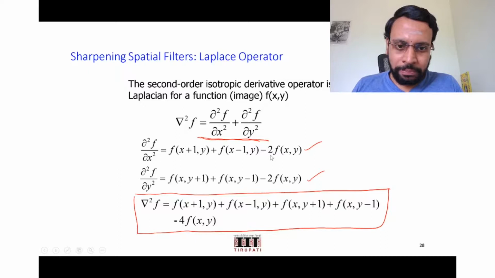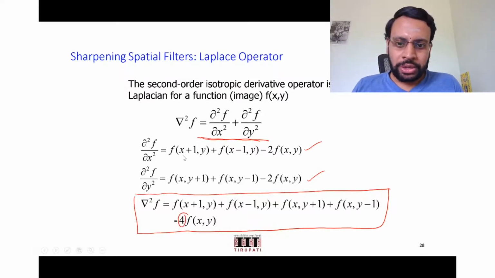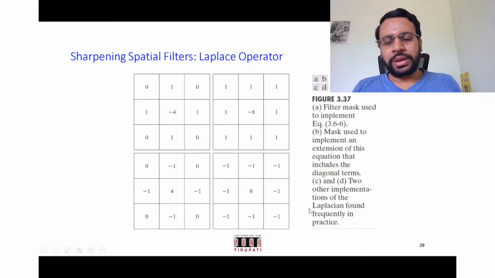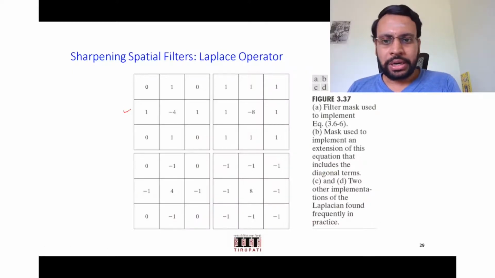Basically at the center you have -4, that's what you could see here, f(x,y). Then you have all these four terms put together: f(x+1,y), f(x-1,y), f(x,y+1) and f(x,y-1). If I write them as a kernel or a mask, I have -4 here, then 1 1 1 1 here.